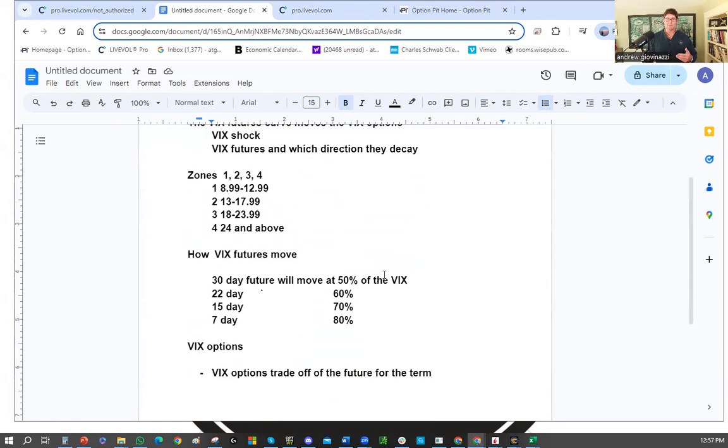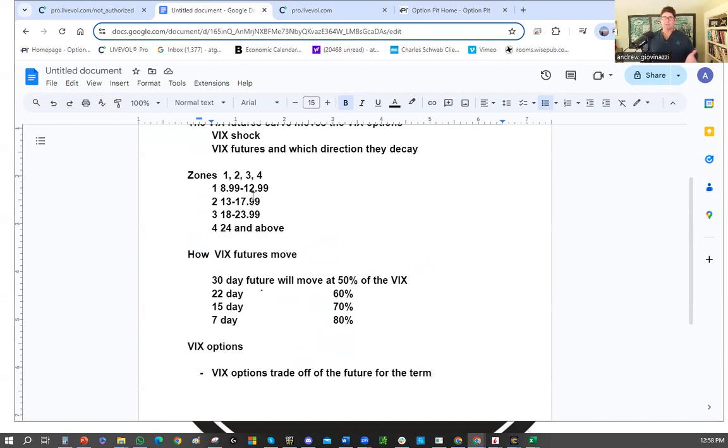How much is the VIX future going to move? And over the amount of time to expiration, what kind of move do you expect? So if the VIX cash moves $1, the 30-day future will move roughly 50 cents. So you've got to be realistic about what your move is going to be. When the vol's higher, short term is tougher because you need that cash to really, really move.